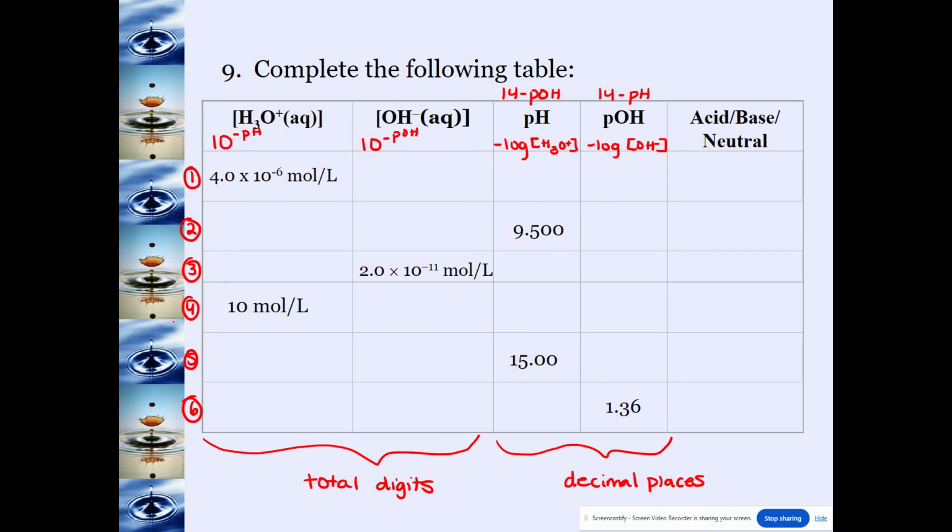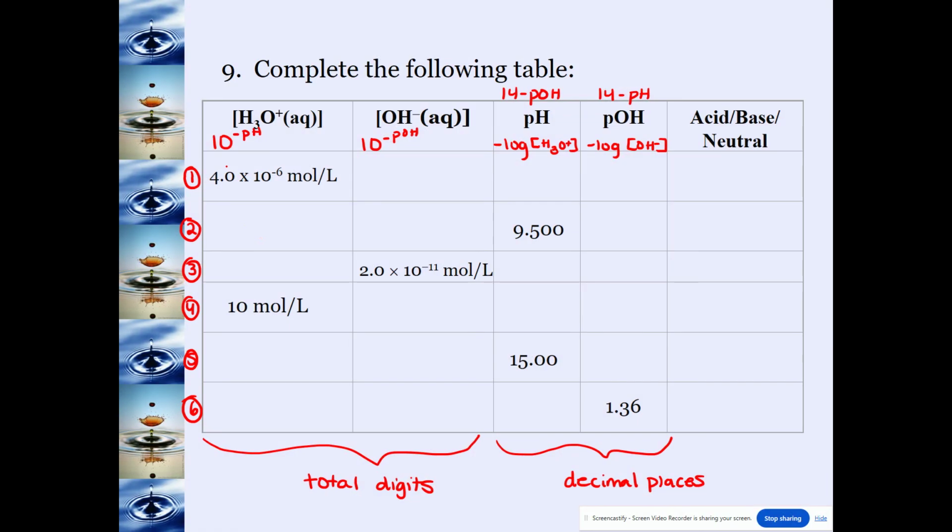Okay? Now, in solution 1, I am told the concentration of hydronium ion is 4.0 times 10 to the negative 6. I can find the pH from that number by taking the negative log of that number. So negative log of 4.0 times 10 to the power of negative 6 gives us an answer of 5.397, and so on.